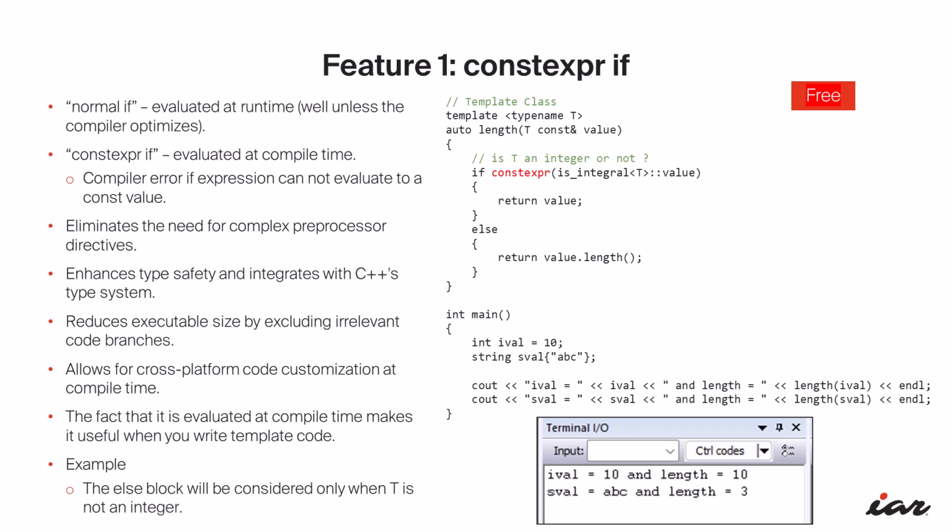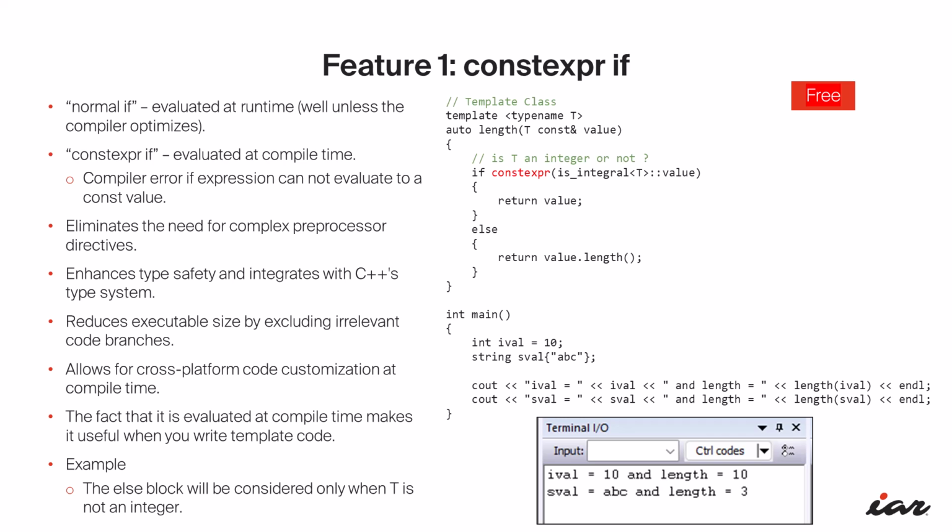So if we look at this example, where we have an integer initialized to 10 and a string initialized to ABC, we can then use this template function and call length with ival, which is the integer, and we can also print out the length for sval, which is the string.